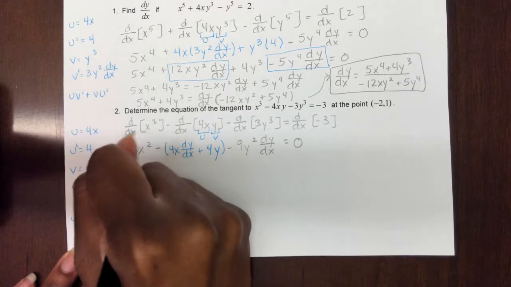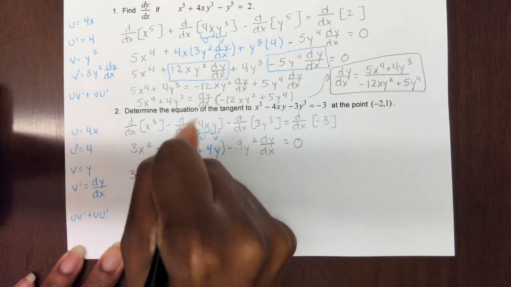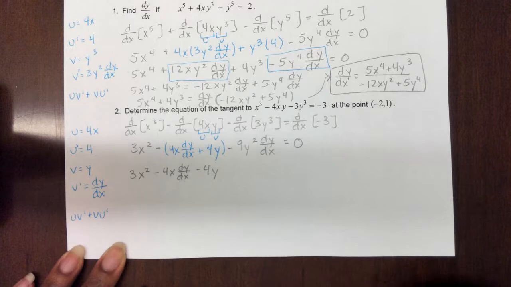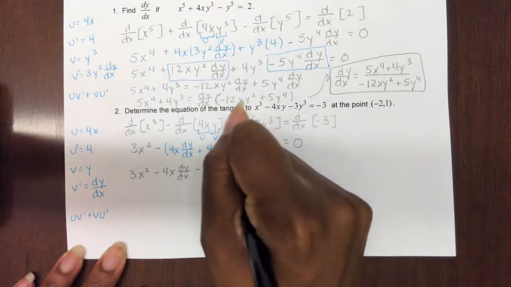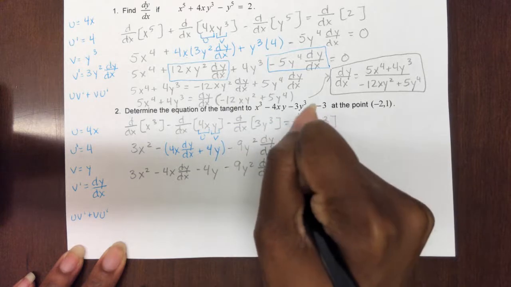So simplify, I get 3x squared minus 4x dy/dx minus 4y minus 9y squared dy/dx equals 0.